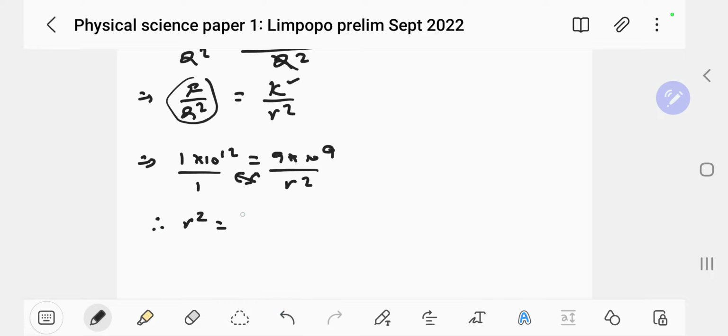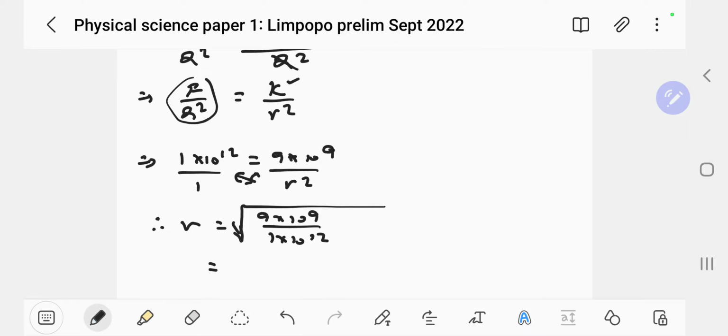Therefore, r squared is going to be equal to 9 times 10 to the 9 divided by 1 times 10 to the 12. Okay, let's deal with the r then. What is the r? Okay, I think I'm losing focus a little bit.